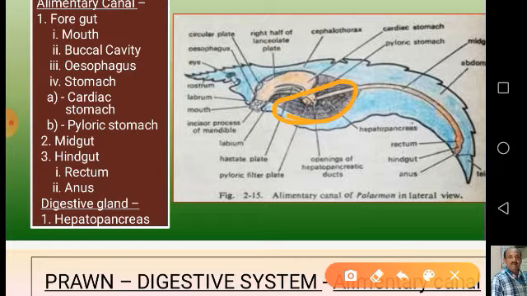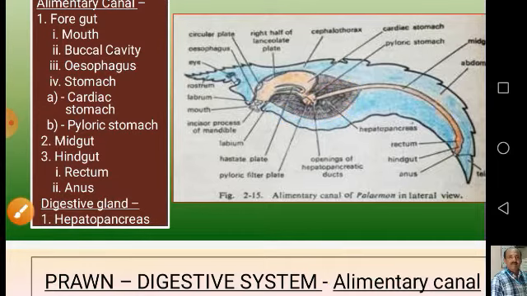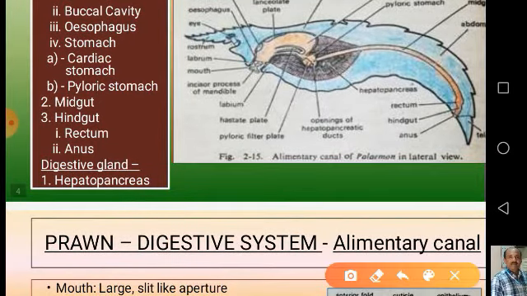It is thin walled and double chambered, divided into two parts: a large anterior chamber and a small posterior chamber. The large anterior chamber is called the cardiac stomach, and the smaller posterior chamber is called the pyloric stomach.